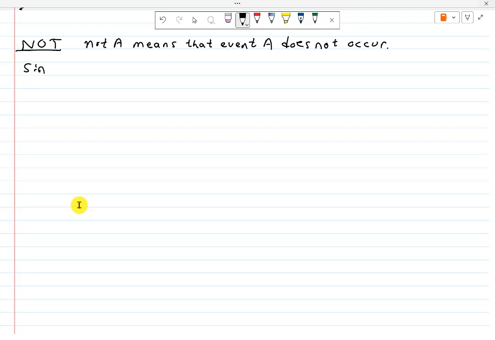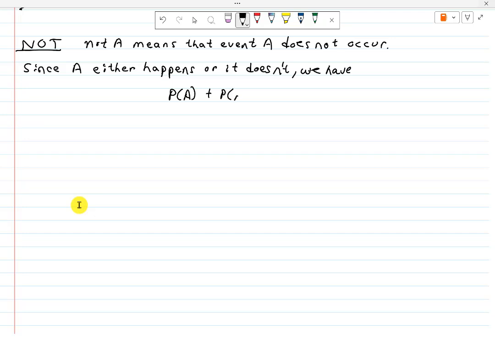So since A either happens or it doesn't, we have the probability of A plus the probability of not A is equal to 100%, or 1.